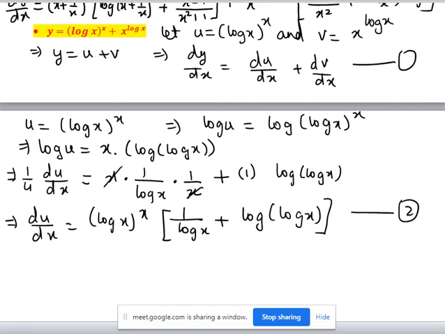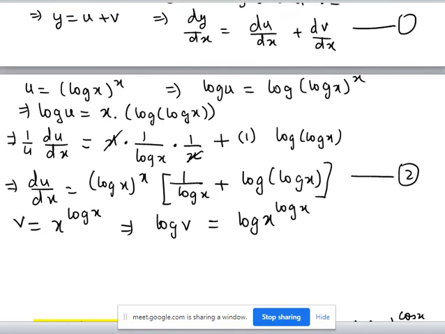Now moving on to v. v is x raised to the power log x. Take log on both the sides. Left hand side will become log v. Right hand side will become log of x raised to the power log x. So every time you will see the function after taking log on both the sides, it is reducing to the form log m raised to the power n, and you can write it as n into log m.